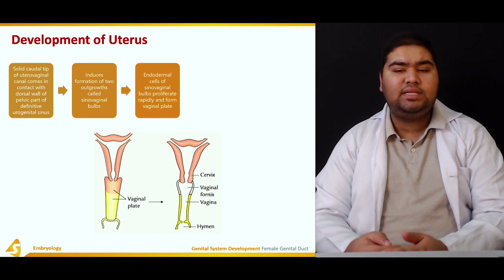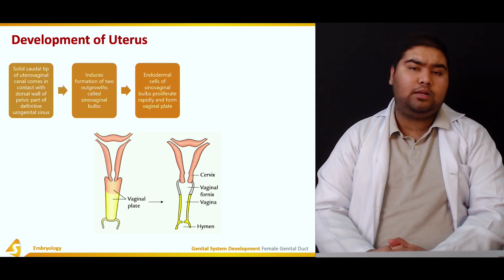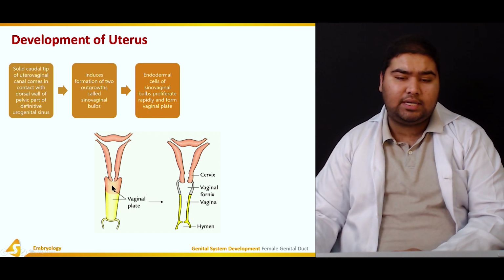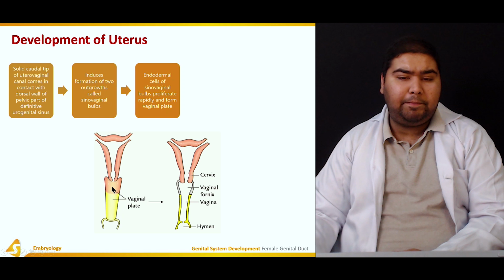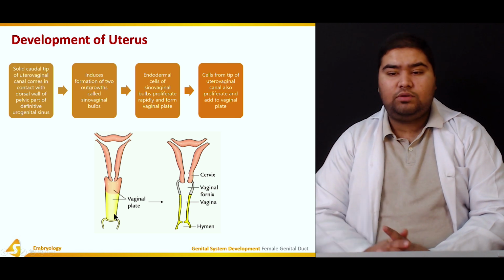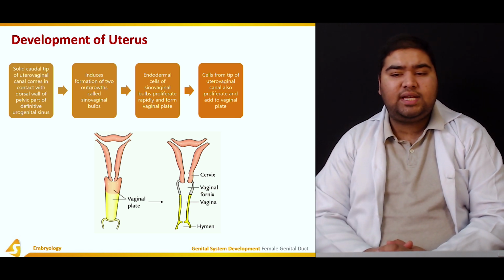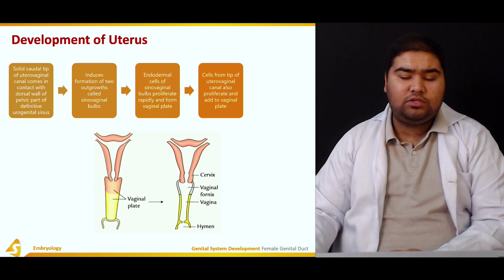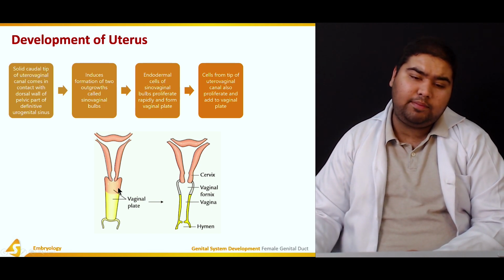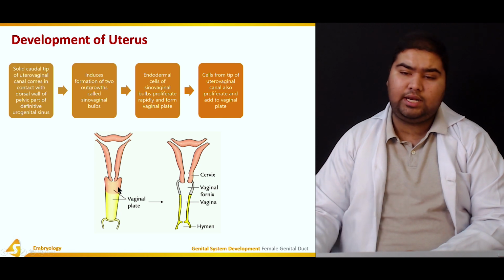The endodermal cells of the sino-vaginal bulbs proliferate rapidly and form a vaginal plate. This is the vaginal plate being formed. Cells from the tip of the uterovaginal canal also proliferate and contribute to the vaginal plate.